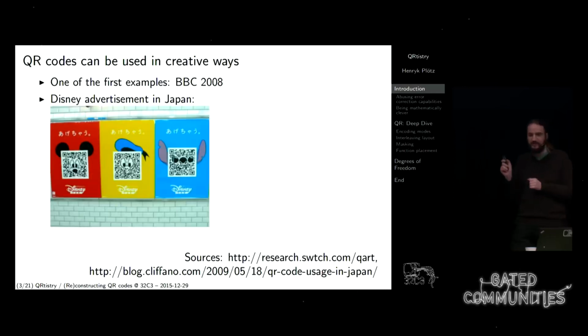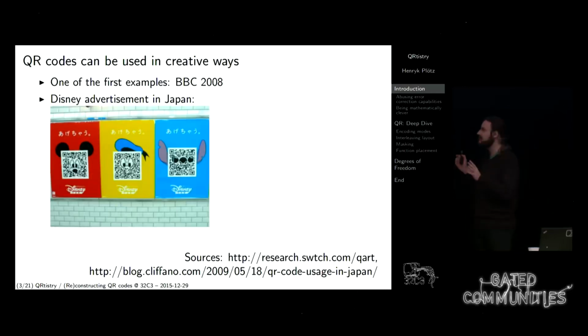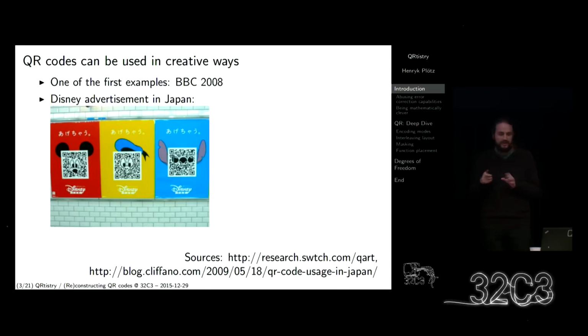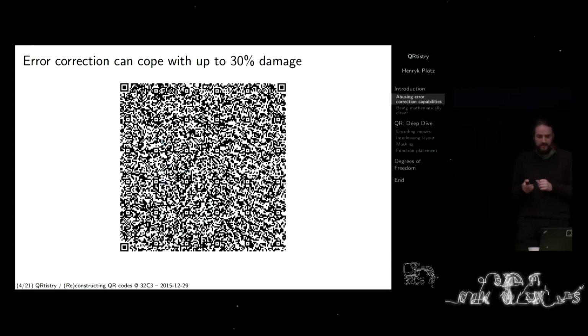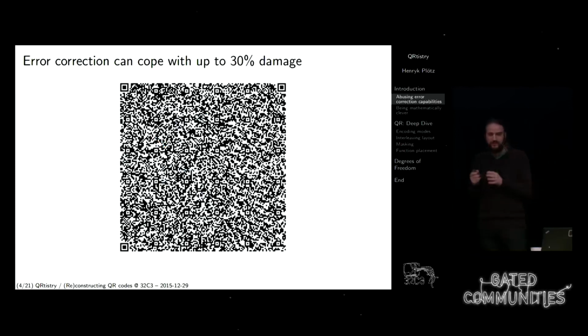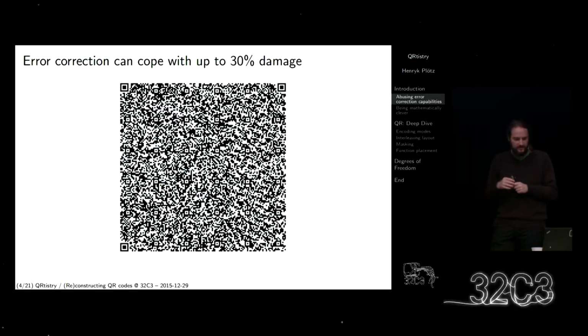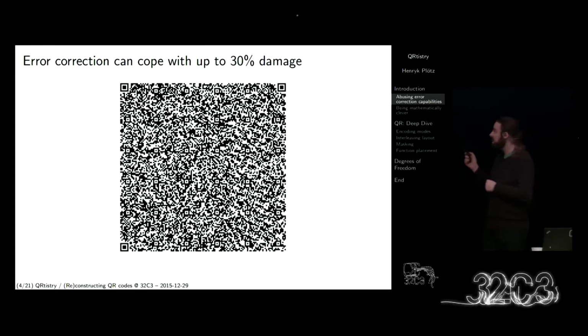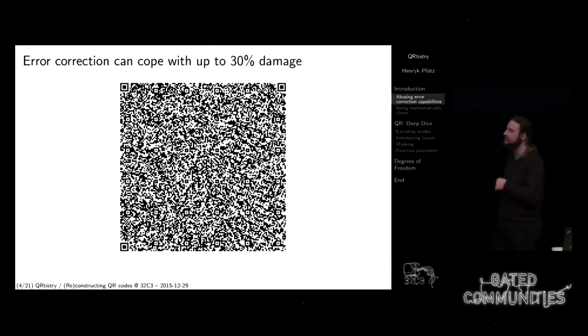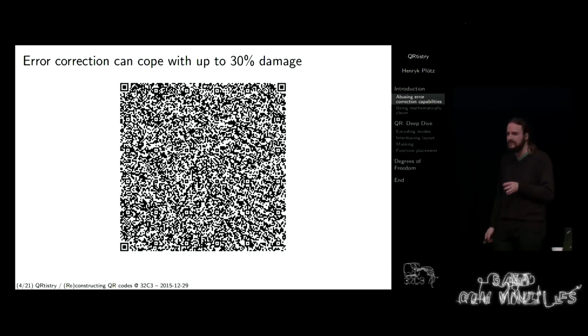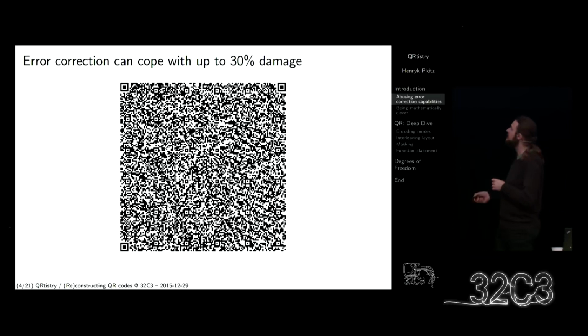For these examples, like I said, these aren't properly integrated, they are just over-painted. That works because a QR code can handle a lot of damage. People might smudge and there might be coffee stains on the QR code. That's why there's error correction in there. And if you look at this code and this code, a human might not be able to see the difference that easily, but I've inverted a lot of the pixels, which means they are damaged.